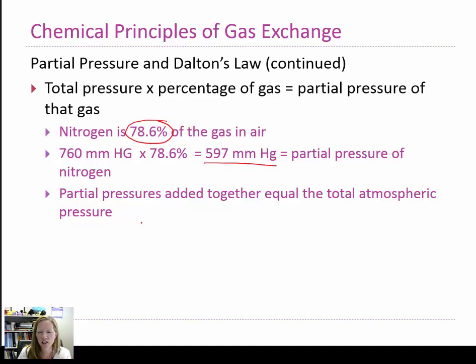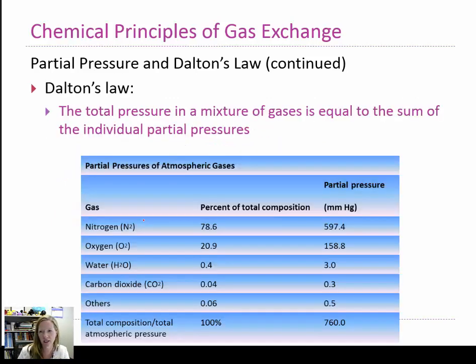If we know the percentage of all the other gases, we should be able to calculate the partial pressure of all the other ones. When we add them all up, it should equal 760. Let's see if it does that. There's Dalton's law. It means that when you add up all of the partial pressures, they should sum to the total pressure.